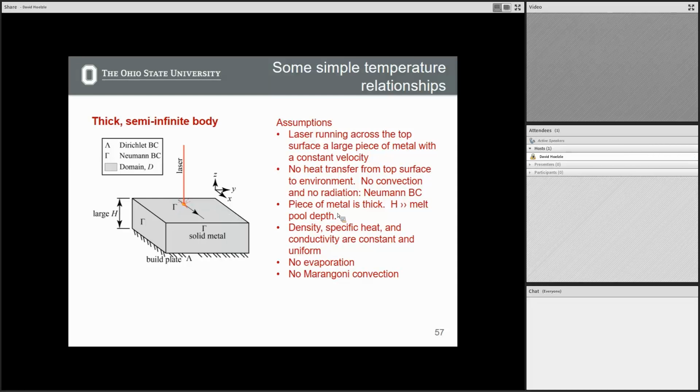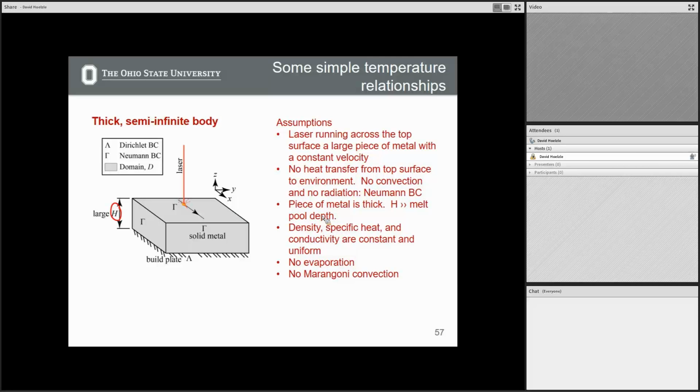We'll start off with the very simple assumption that the piece of metal is thick. That means H, the thickness here, is much, much greater than the melt pool depth. That's the first thing we're going to relax a little bit.